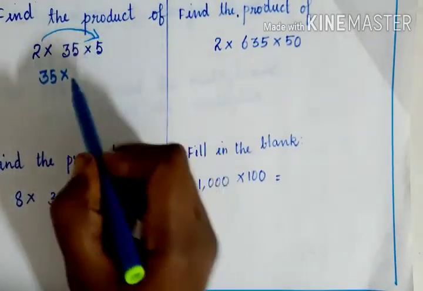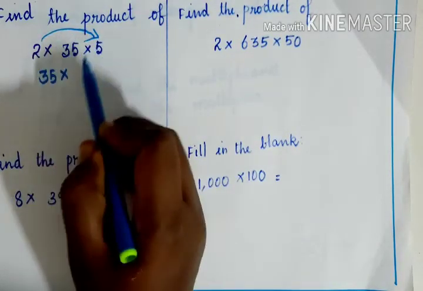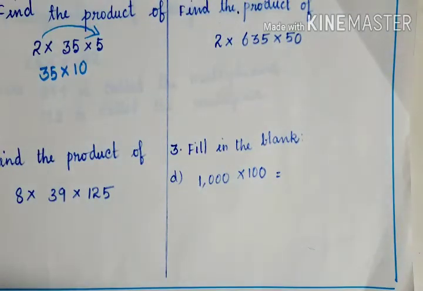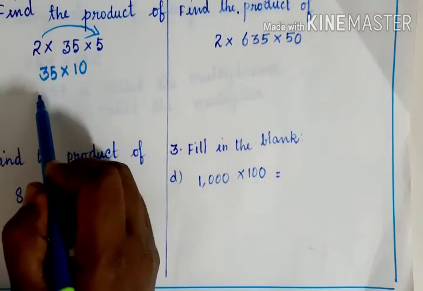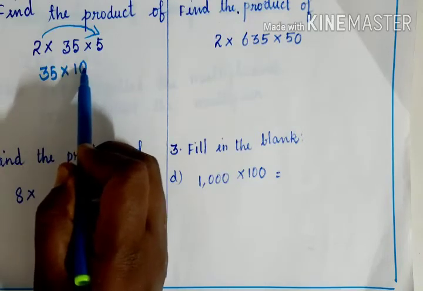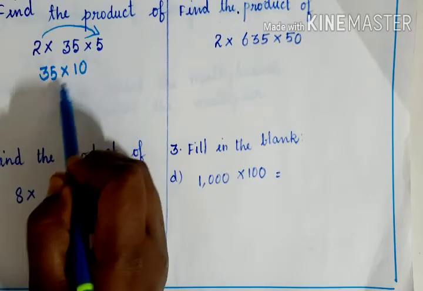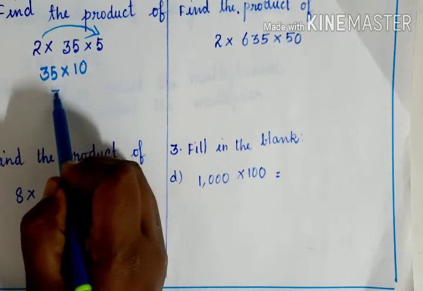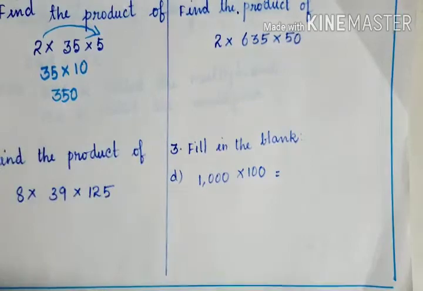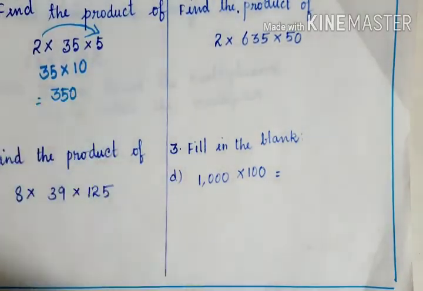In the previous class, we saw that when multiplying by 10, you ignore the 0 and multiply with 1. So 35 into 1 is 35, and add the 0.